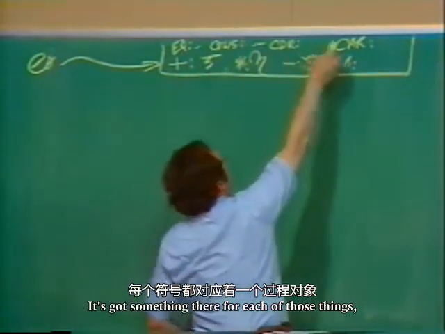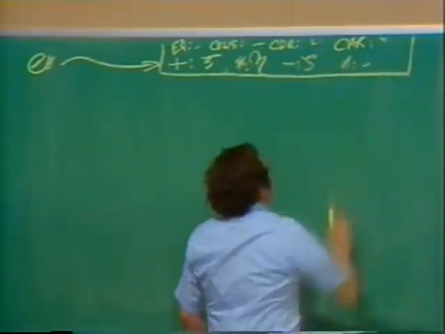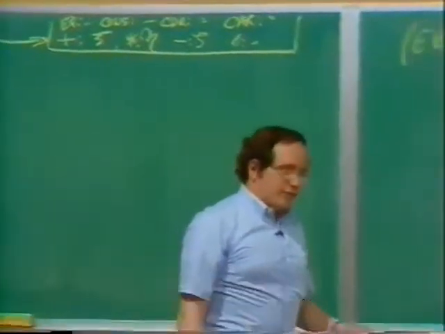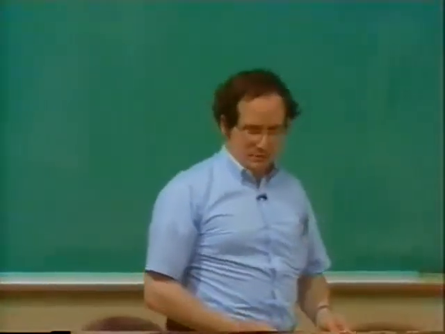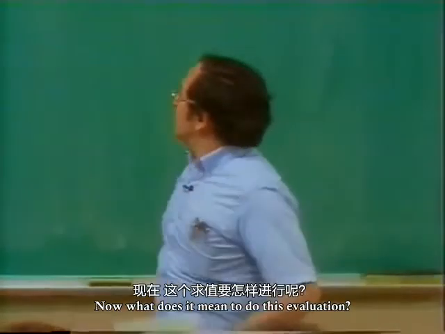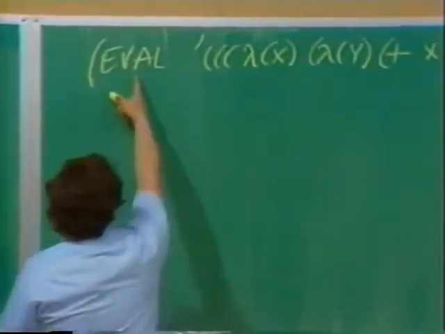It's got something there for each of those things. Something that the machine is born with. That's E0.